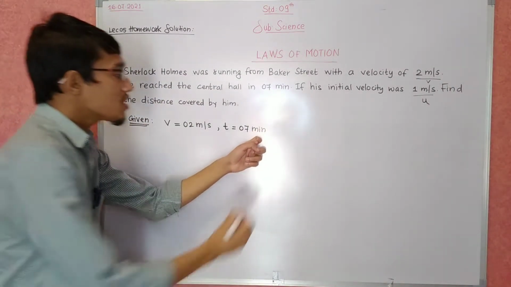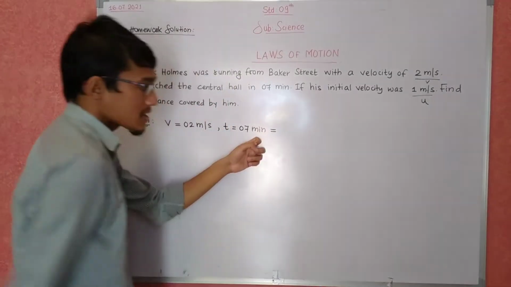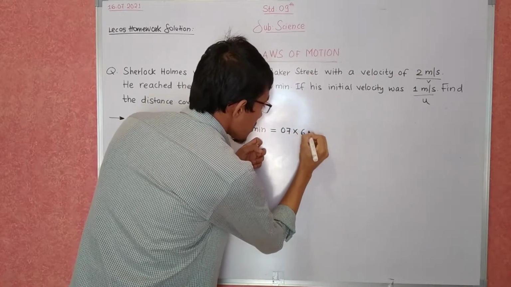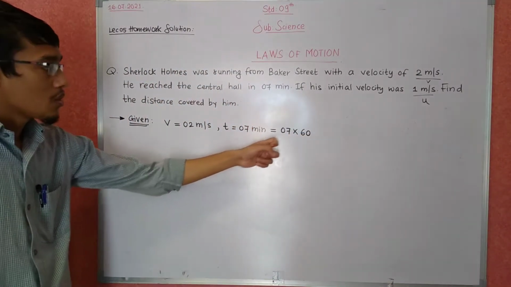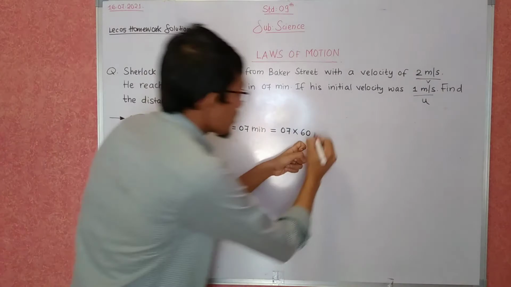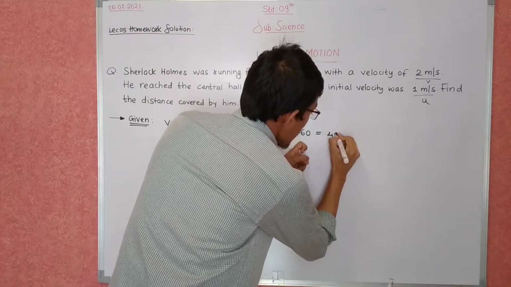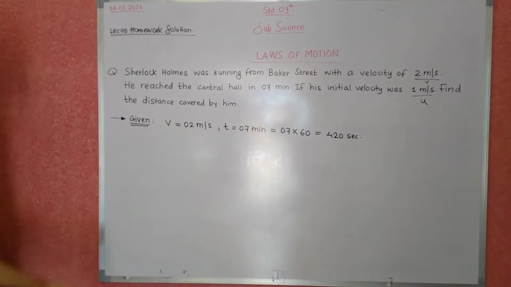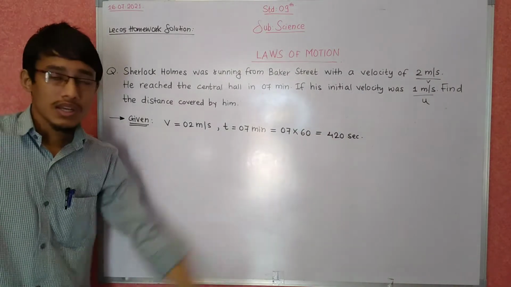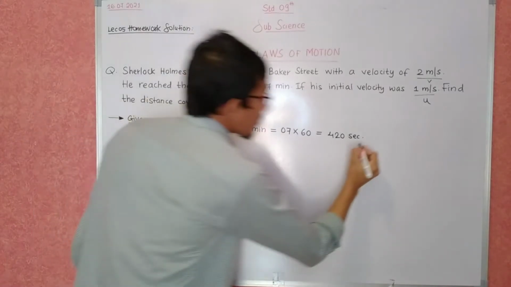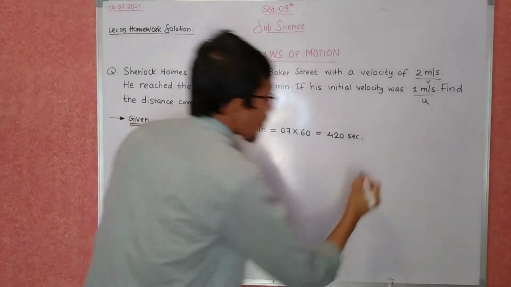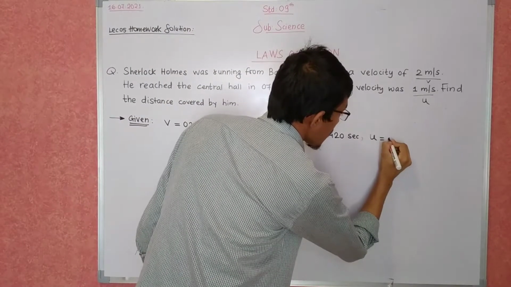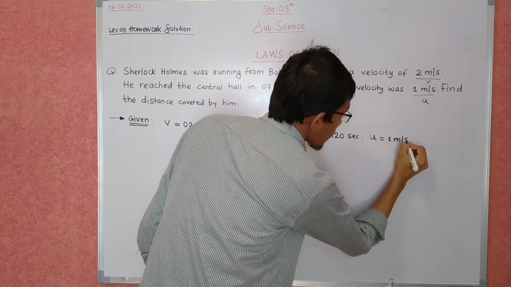We have to convert this 7 minutes into seconds. We know that 1 minute is 60 seconds, so 7 into 60 becomes 420 seconds. So time t is 420 seconds. And we are provided with initial velocity, small u, is equal to 1 meter per second.